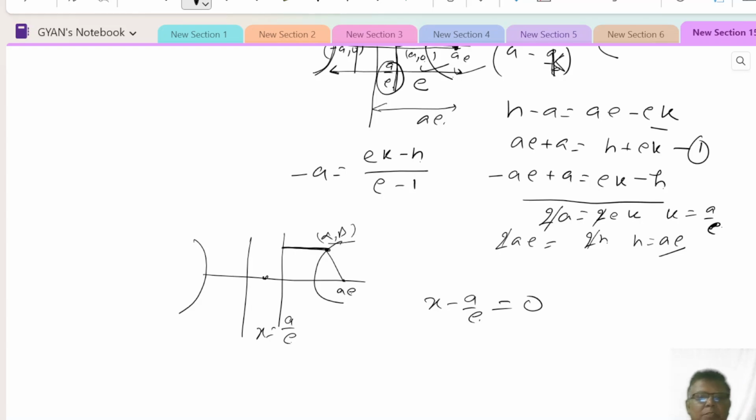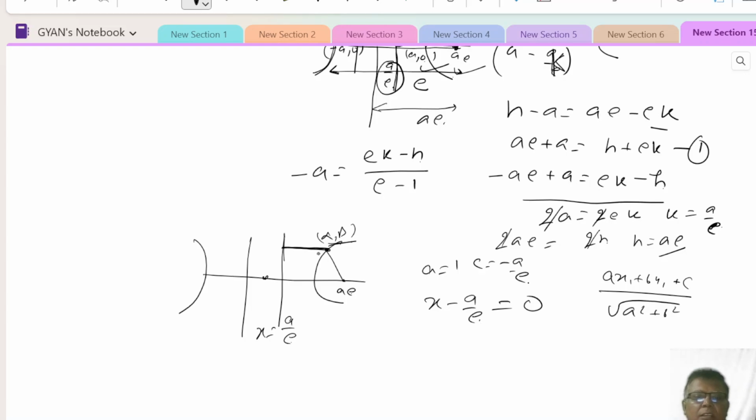So from this point to this distance will be what? Same thing, ax1 plus by1 plus c divided by root over a square plus b square. Here a is equal to 1 and c is equal to minus A by E.